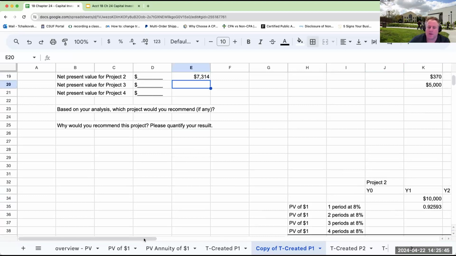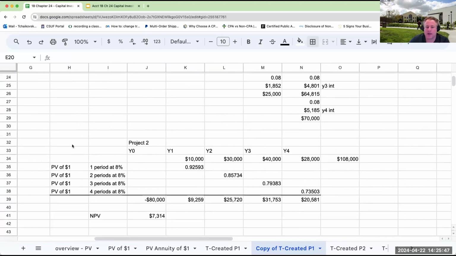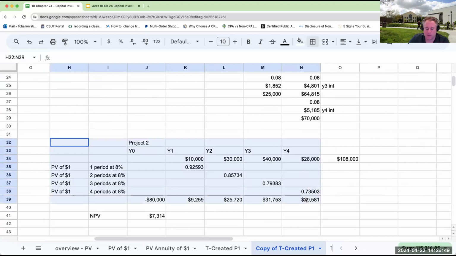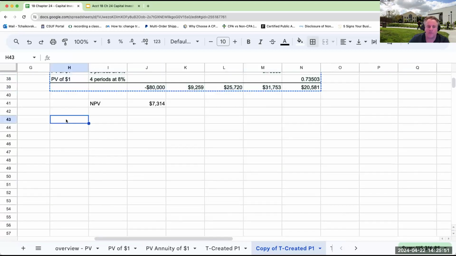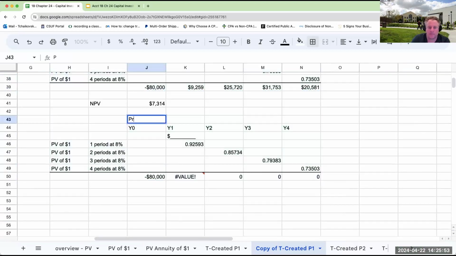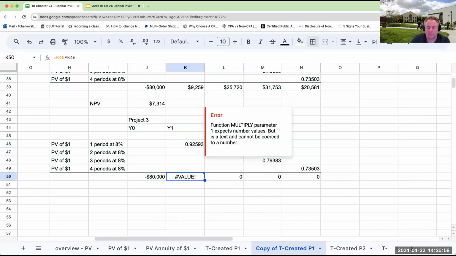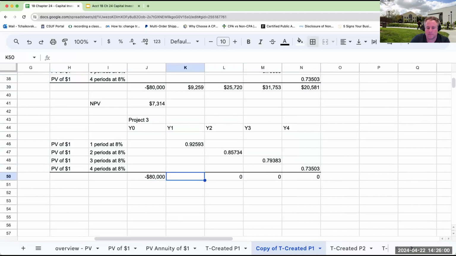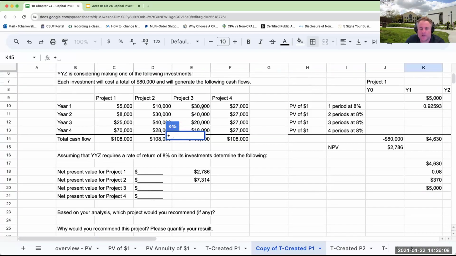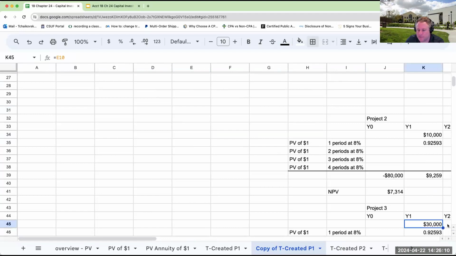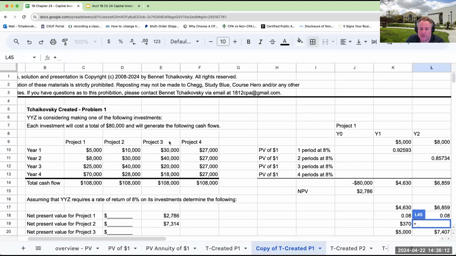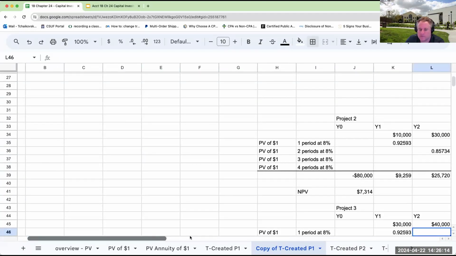Okay. Now let's go through and take a look at project 3. So for project 3, year 1 had a value of 30,000. For year 2, 40,000.